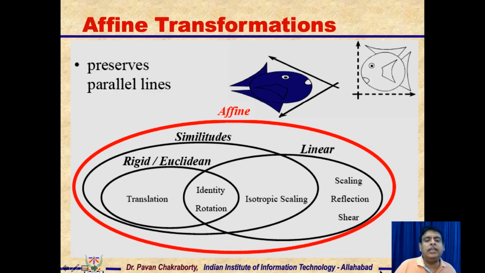So what you see here is that the previous preservation of distance is gone, and the preservation of angles is gone. The only preservation that you see now is the preservation of parallel lines. And we will later see that when we do perspective projection, even parallel lines are not preserved and they start converging.